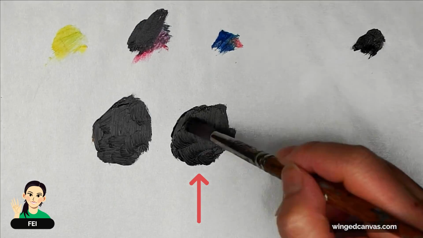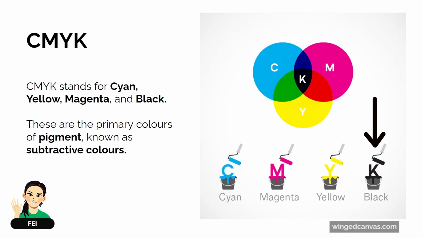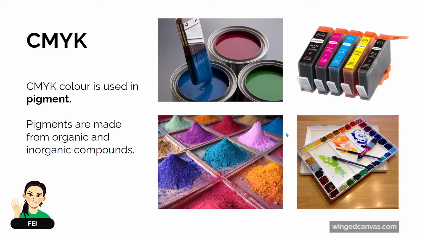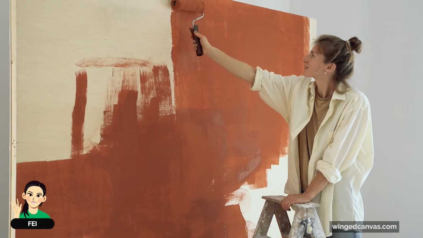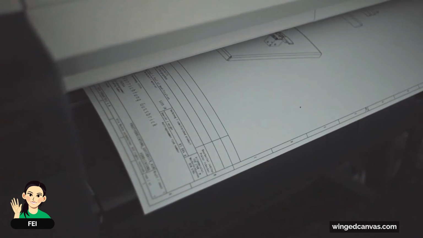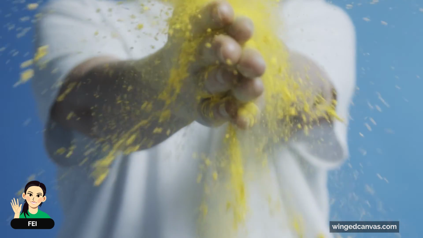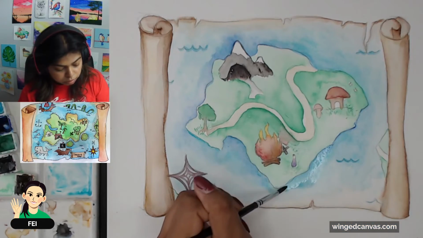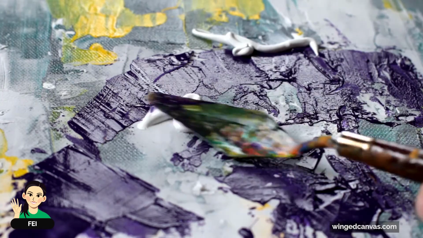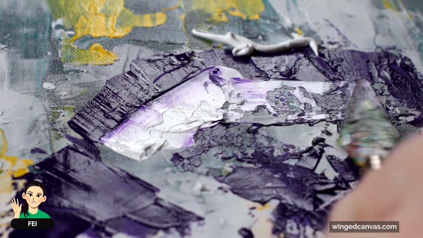It's not a pure black, so that's why they introduced a fourth color, which is black. So these are the applications that you would find CMYK in: house paint, printer cartridges, colored powders, watercolor. These are all made from organic and inorganic compounds.